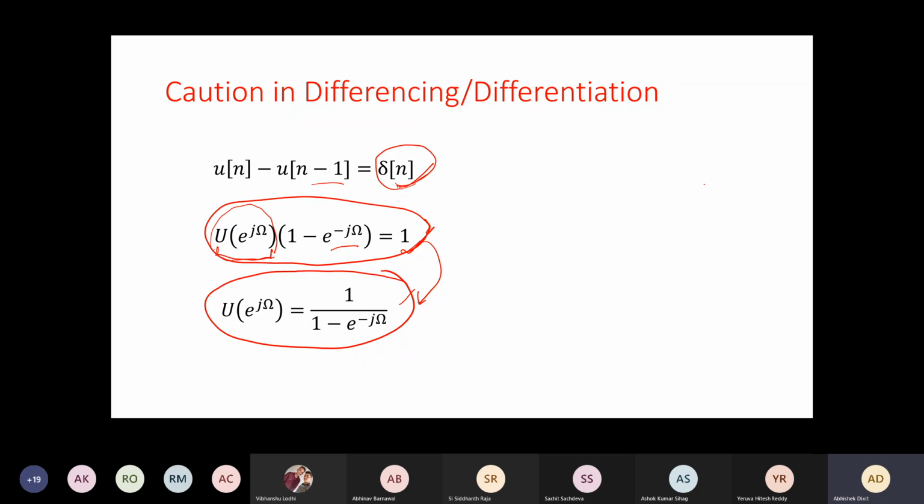Suppose un, I break this down. I can always do this as even part of un and odd part of un. What is the DC value of odd part of un? It's 0, right? DC value of this signal is 0.